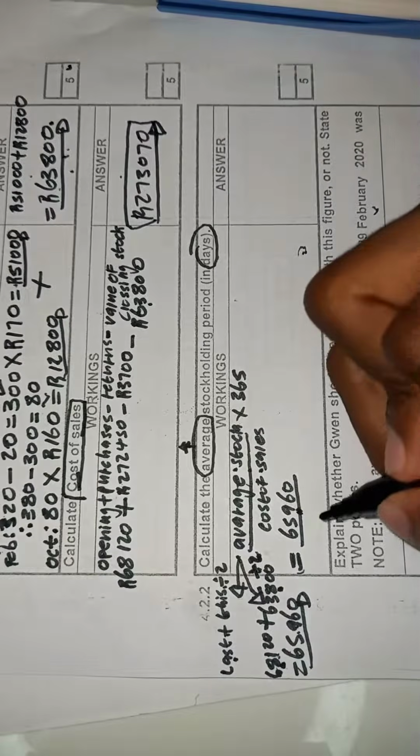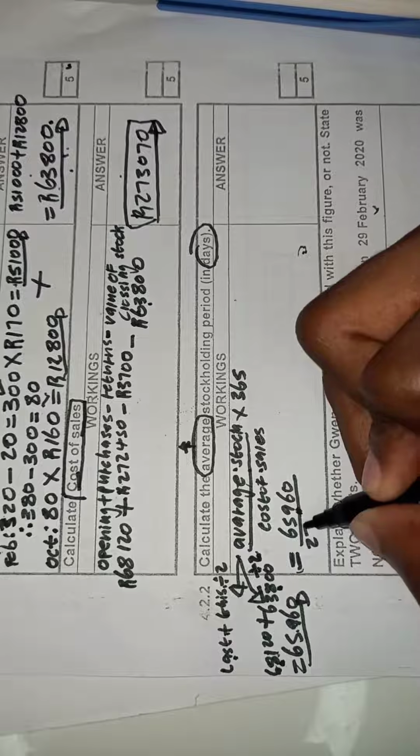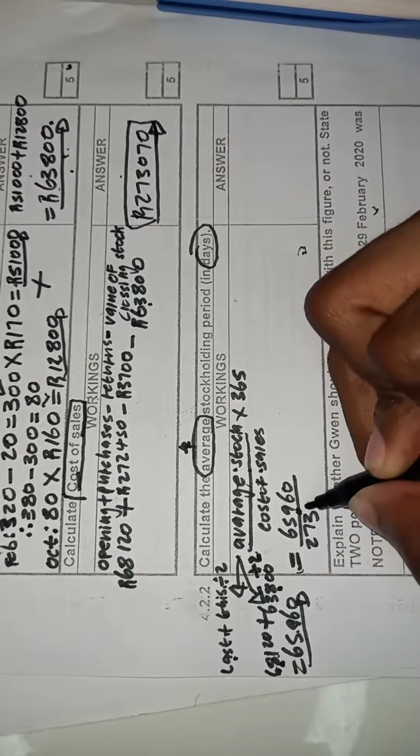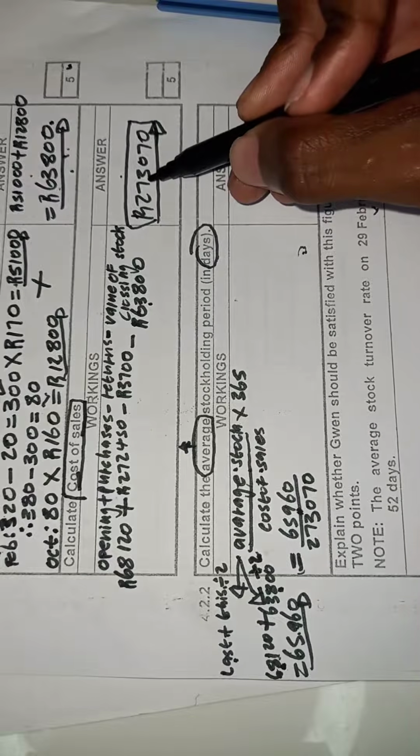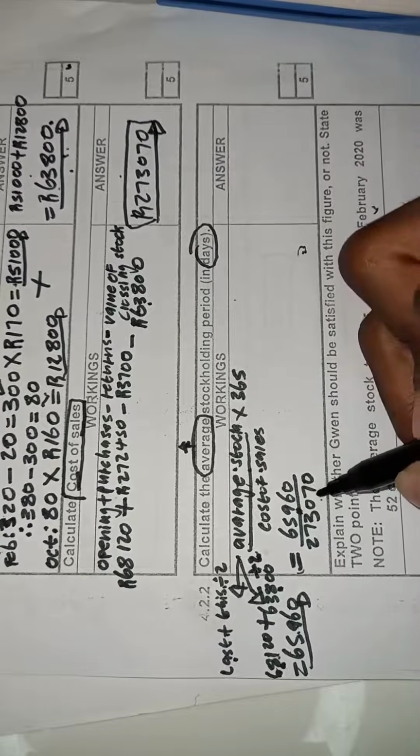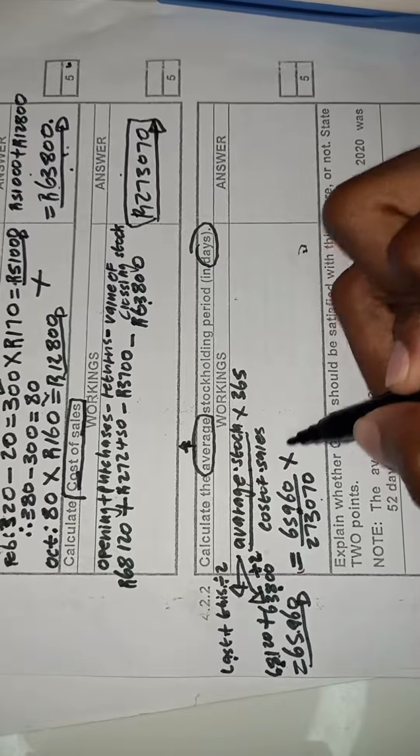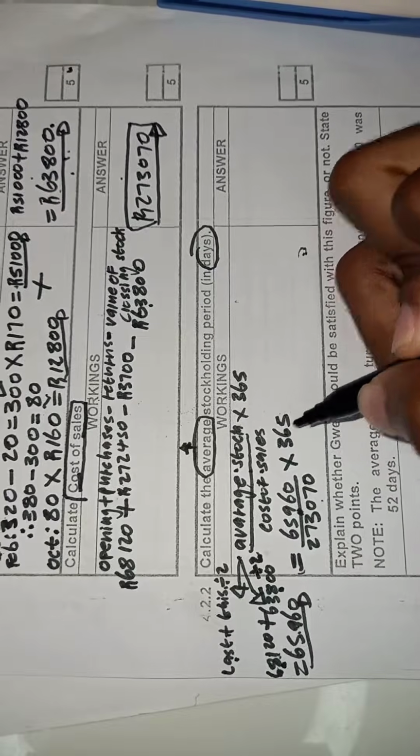The very same cost of sales we have calculated to be 273,070. That's our cost of sales. No matter how wrong your cost of sales is, just take it and divide by it. Now we multiply by 365 days in a year.